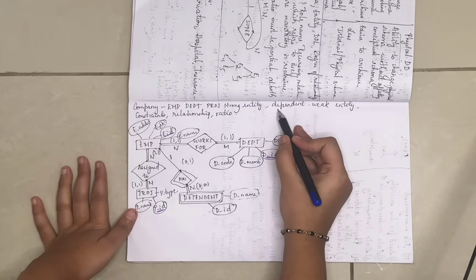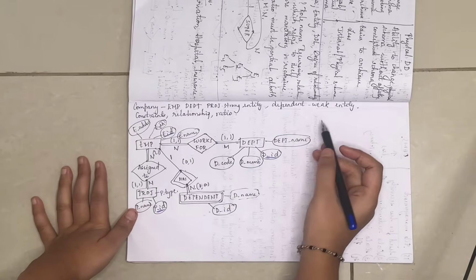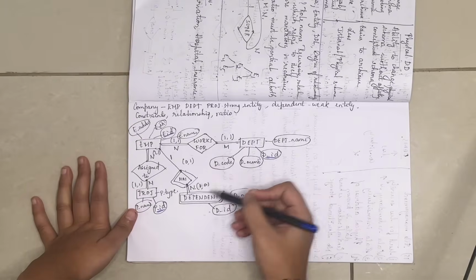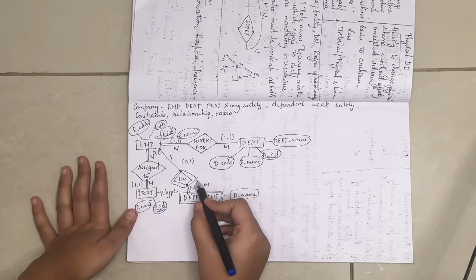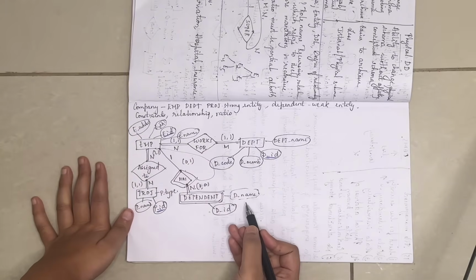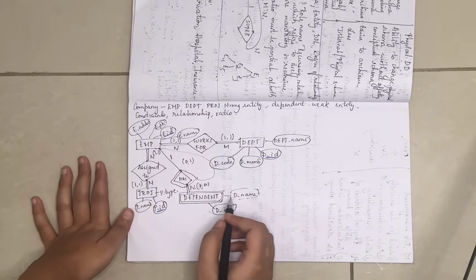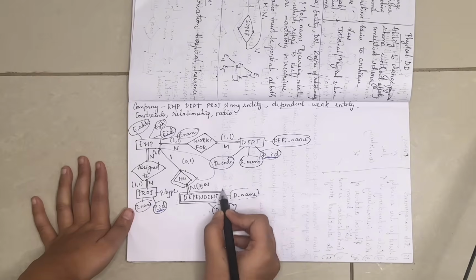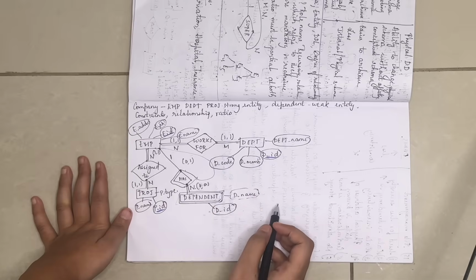And dependent as a weak entity. So they have told to take dependent as a weak entity, so we have to refer this back to this only, because it is a weak entity. Also we have to represent the weak entity with a double rectangle box.